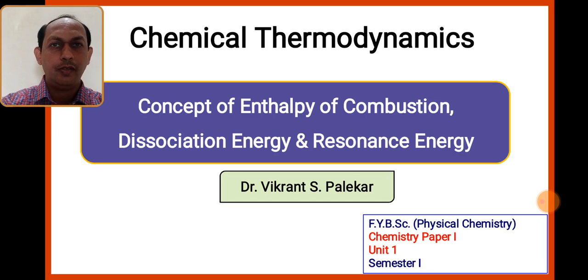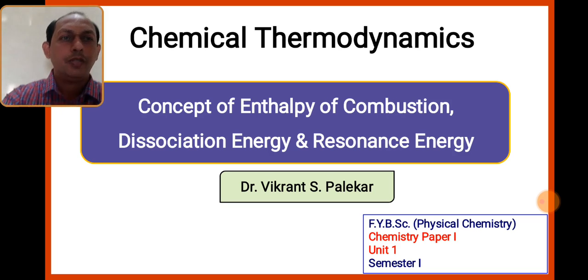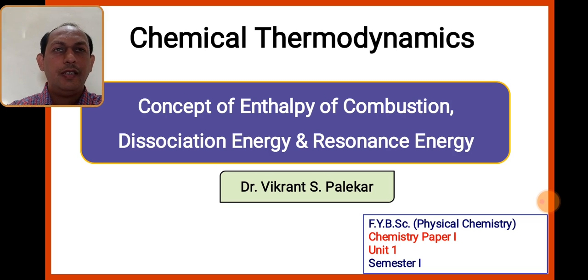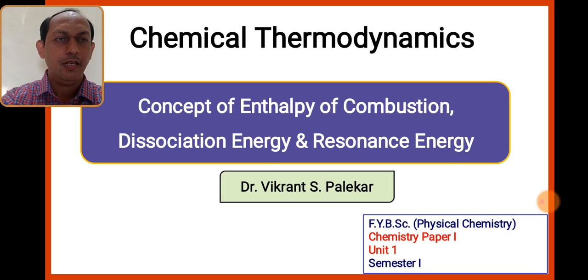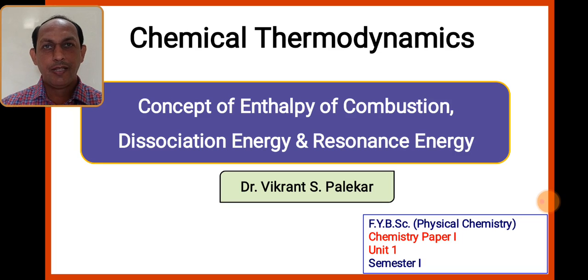Welcome to the topic on thermodynamics, in which we have started the part related to thermochemistry. In thermochemistry, we basically study the physical and chemical changes associated with the system. Based upon that, we can say that during a particular chemical process, either heat is absorbed or heat is evolved.